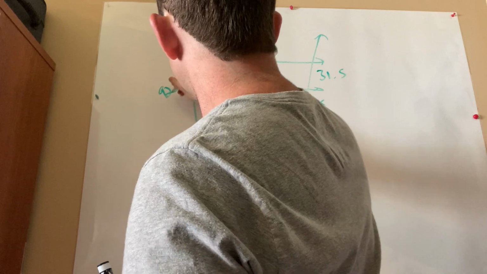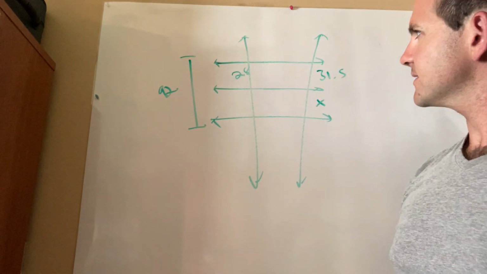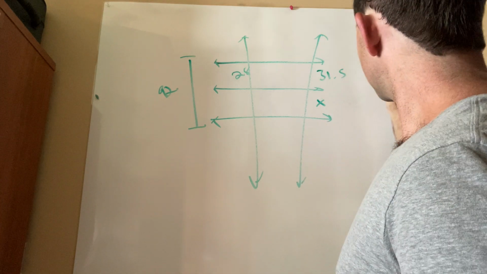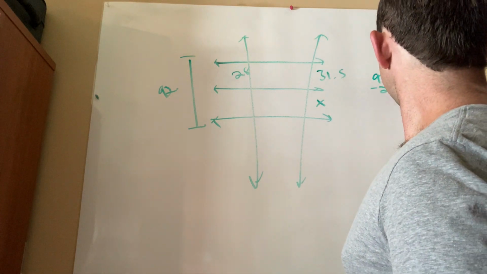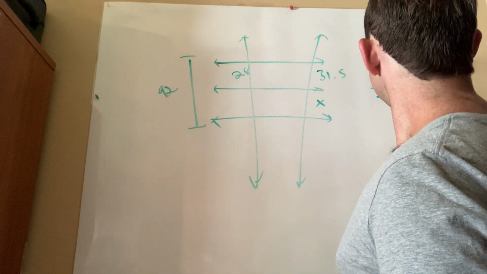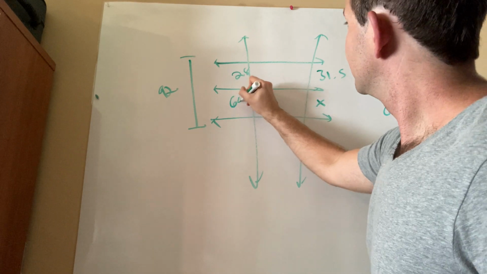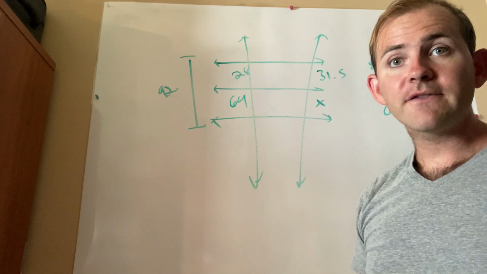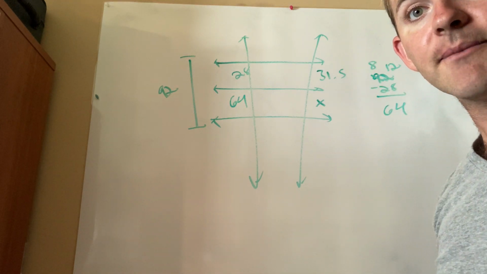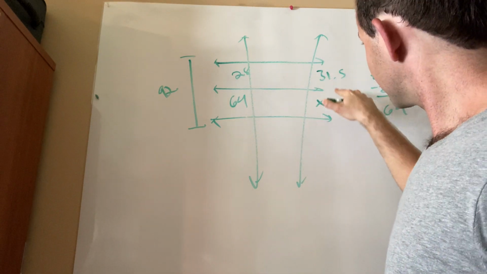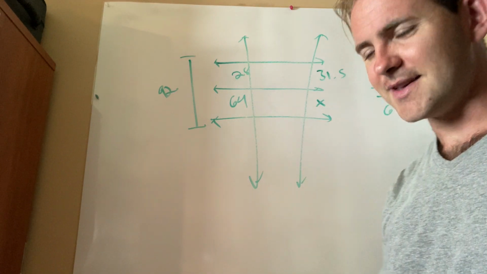Okay, so in order to find my other piece, guys, what would I have to do with the 92 and the 28? I would just have to subtract them. So 92 minus 28, that's going to become a 12, and I have to borrow, so I get 64. So now I have all the information that I need in my diagram in order to be able to move ahead with piece over piece equals piece over piece.